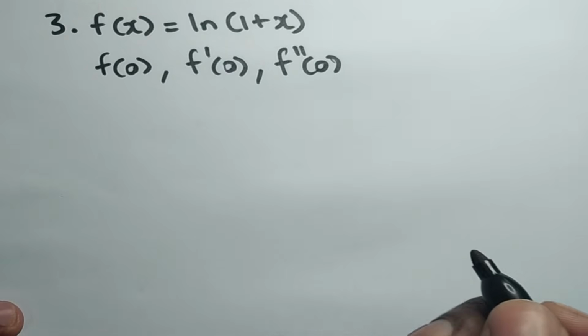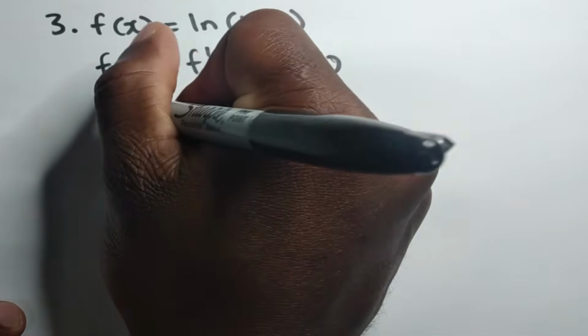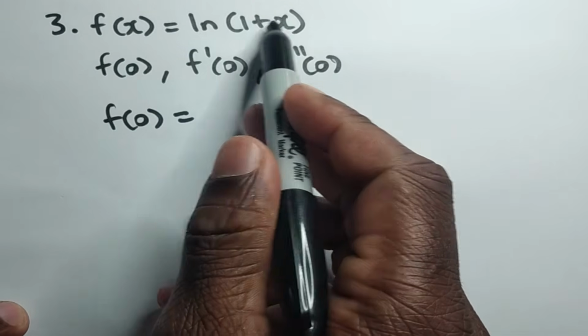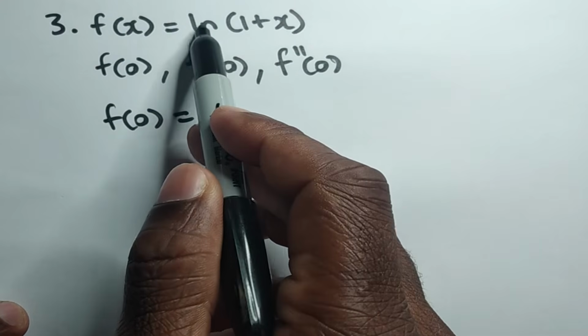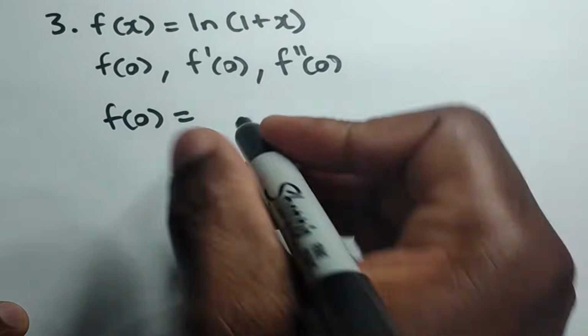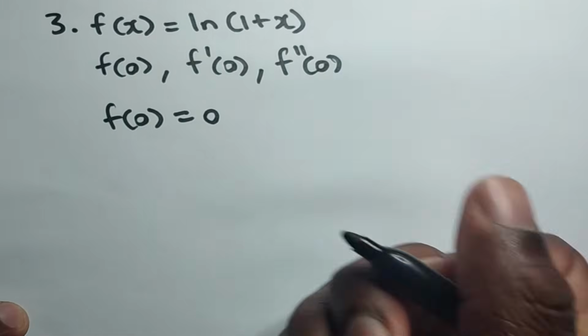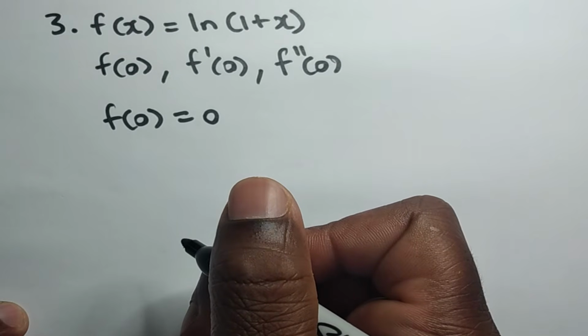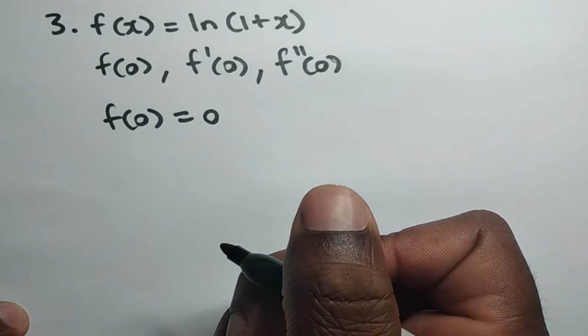So let's first find our f of 0. If we substitute 0 in this function, we'll end up with ln 1, because 1 plus 0 is 1, and ln of 1 gives us 0. You can always check these results in your calculator.